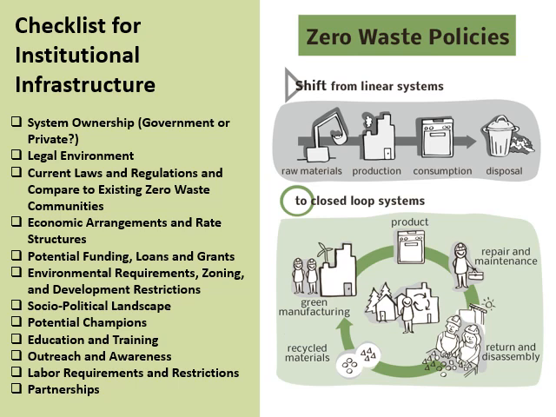In the picture I have to the right, the linear system, raw materials are extracted, things are produced, people consume, and then they go into disposal. That's our system. To change that overnight is really difficult, because we're not set up for a closed loop system.